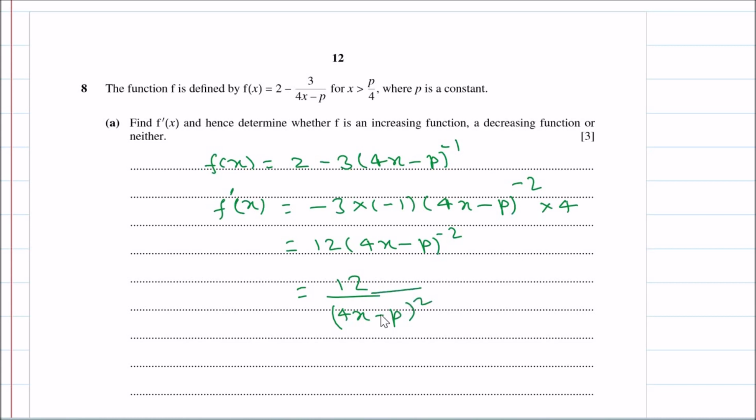Now, you can see here we have a perfect square in the denominator, and the numerator is a positive value, 12, positive 12. So this is always going to be greater than 0, means positive. So if it is always going to be greater than 0, means f dash x greater than 0, in that case it is an increasing function.